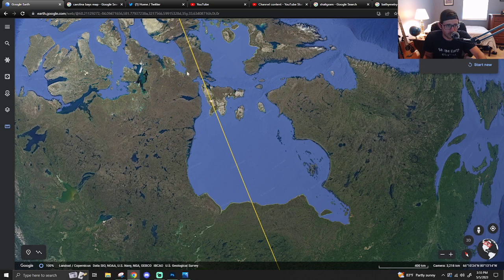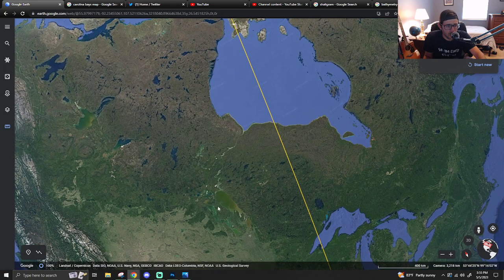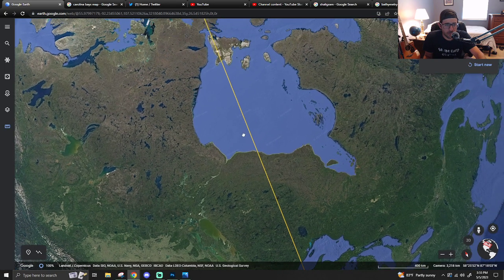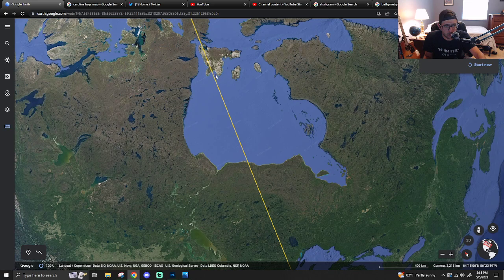So maybe it has some wobble out to the sides too, a wobble to it that maybe goes in here. And maybe wobbles out this way, across here, and just etches here.